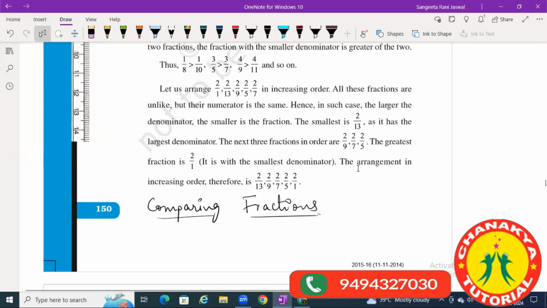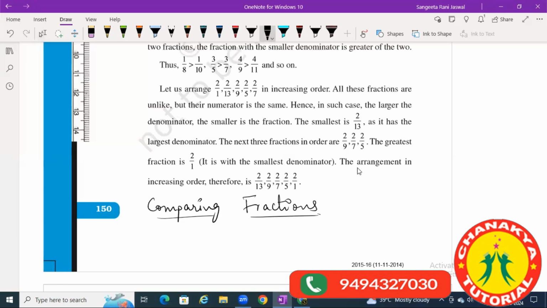Now see, I'll tell you. When we spoke about like fractions, you know that like fractions are those where the denominators are same, right? So if the denominators are same, to compare two like fractions, we need to compare their numerators.